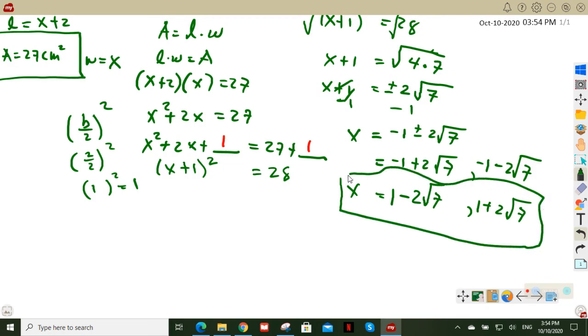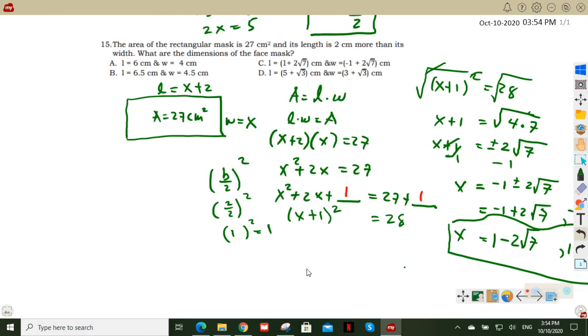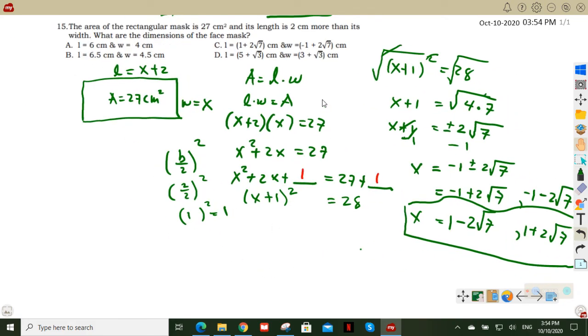You have an answer here? So this is plus 2 square root of 7. The other one is negative.